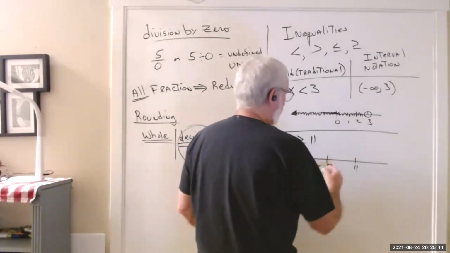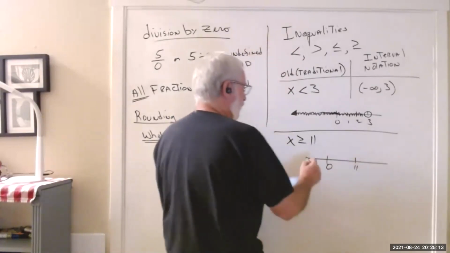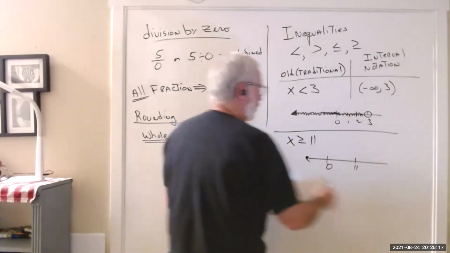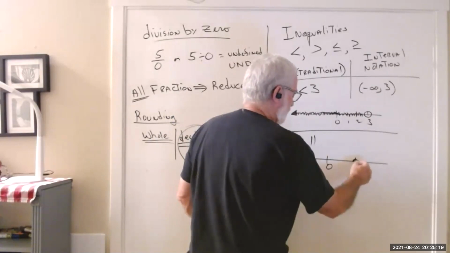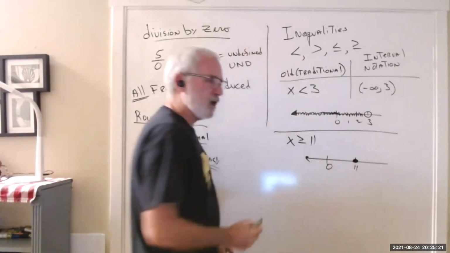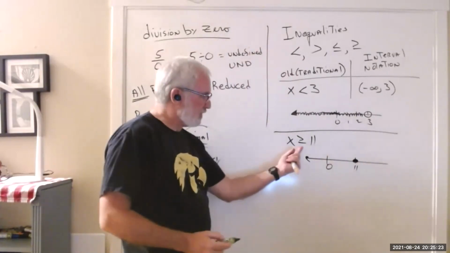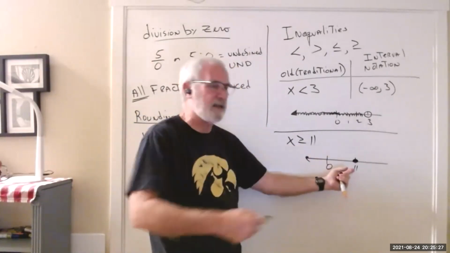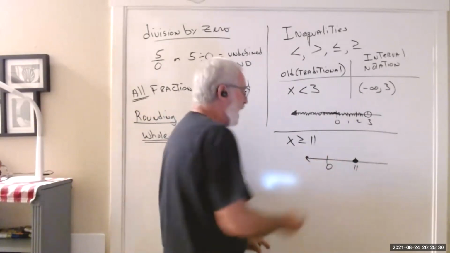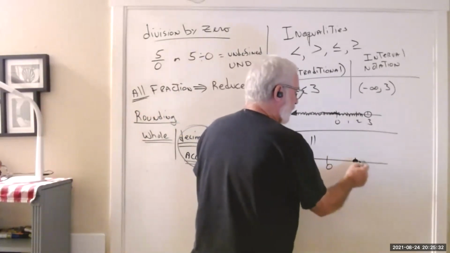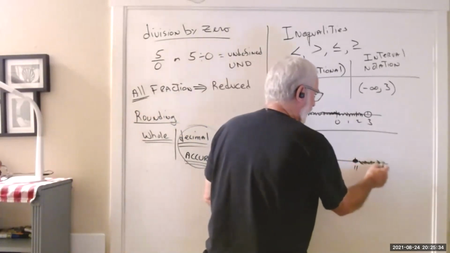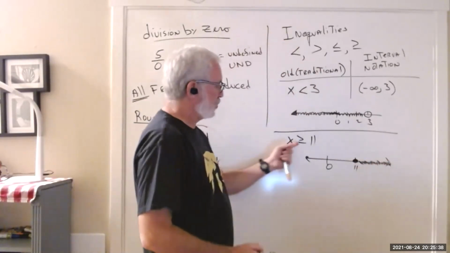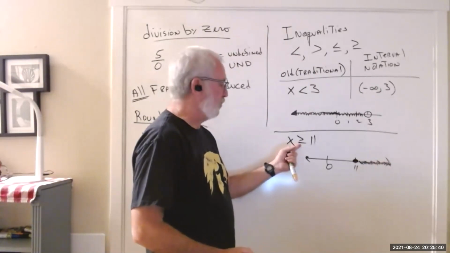I don't care about the 1, 2, 3, none of that matters. It can be greater than or equal to it. So because of that, we put a solid dot, because of the equal sign that says, hey, we can equal 11. We can hit 11. We can land on 11. And we're going to be bigger than that, greater than. So we're going to shade out here. x is greater than or equal to 11.